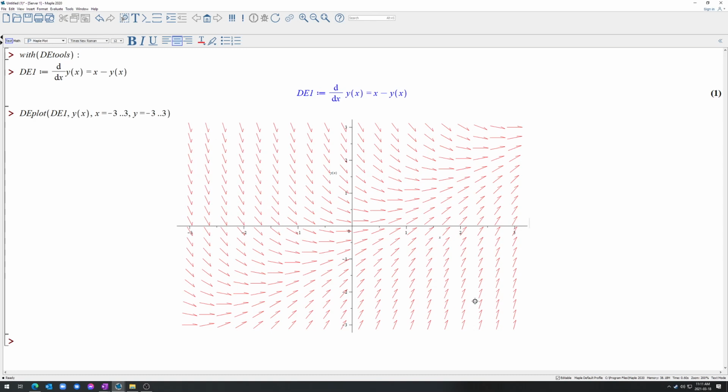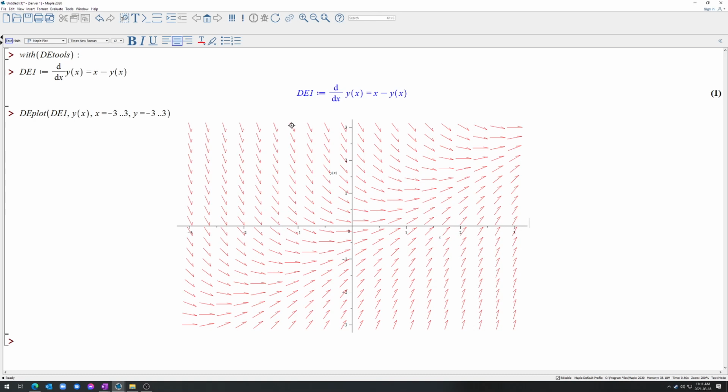And down here in quadrant number 4, I always have positive x values and negative y values, so it's always going to be sloping upward. In fact, the only place where it's going to be perfectly horizontal is diagonal. That would be whenever x and y are equal to each other, which of course is just actually the line y equals x.